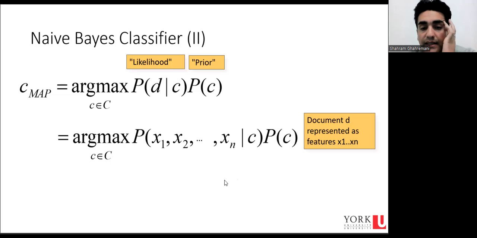We represent that probability by the joint probability of x1, x2 through xn given the class. In other words, we're representing this document D as a set of features x1 through xn. That still doesn't tell me how to compute this probability, but that is a start.